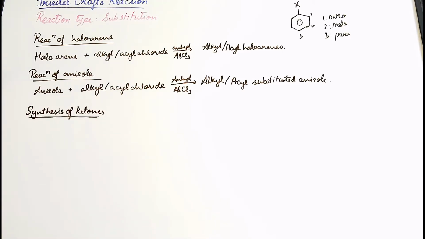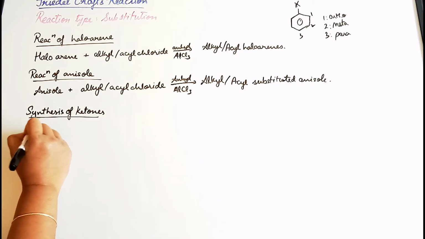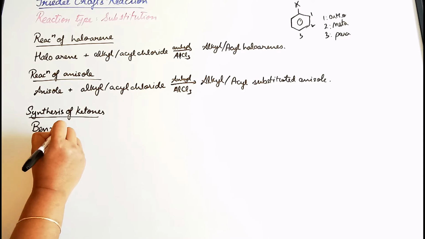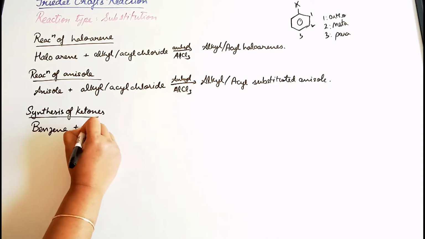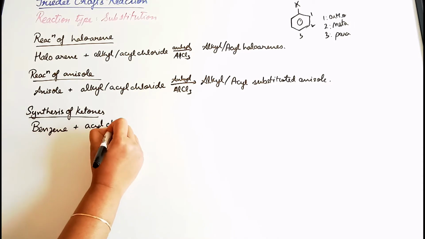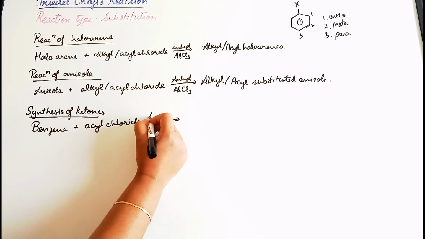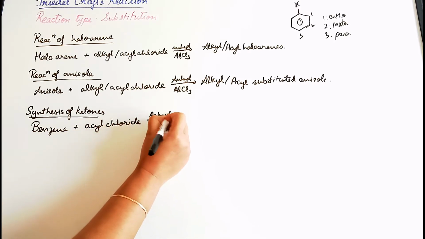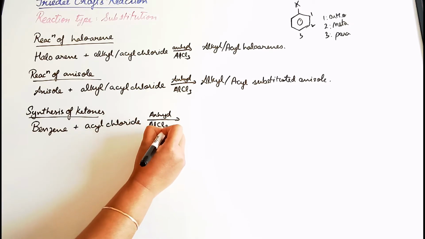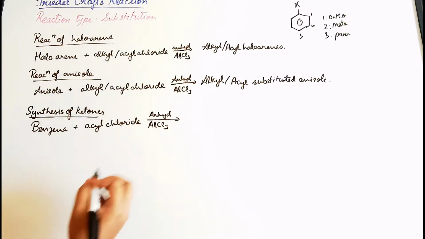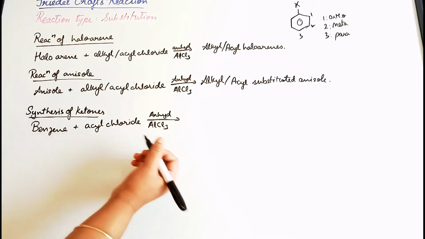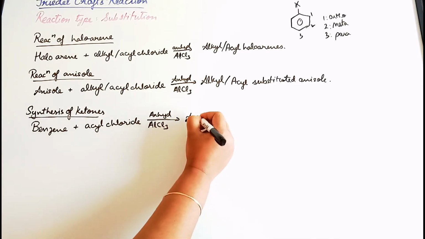So synthesis of ketones: benzene reacts with acyl chloride in the presence of anhydrous AlCl3 as its catalyst to give us an acyl benzene.